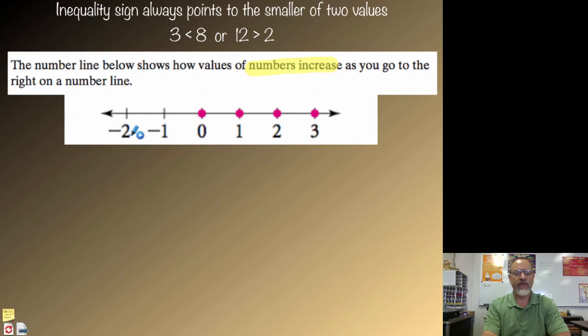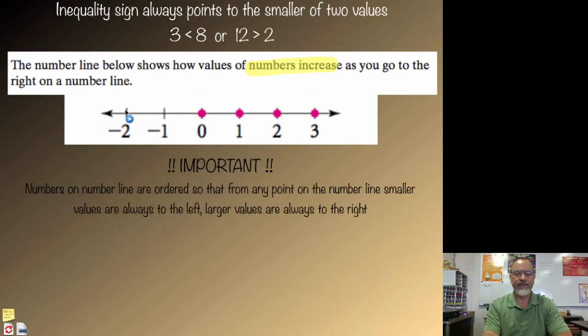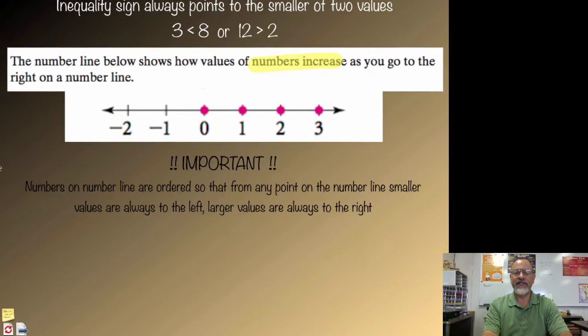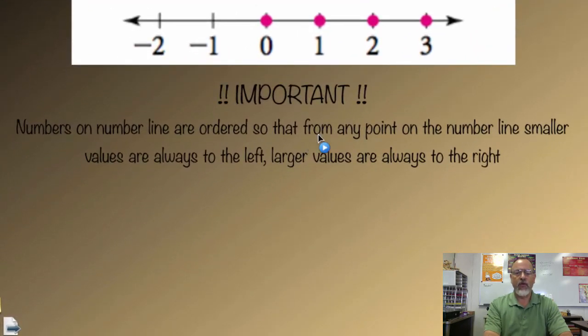So -2 is smaller, -1 is bigger, 0 is bigger, 1 is bigger, 2 is bigger, etc., etc. So as you move to the right, the values of the numbers on the number line are getting greater, which then helps us to identify if we need to compare two quantities. Because they're ordered that way, no matter where you are on the number line, numbers to the right of that point will always be greater than the one that you're on, let's say, and the numbers to the left will always be smaller.